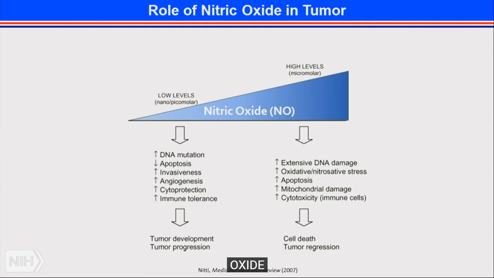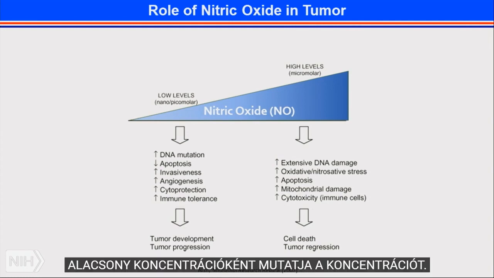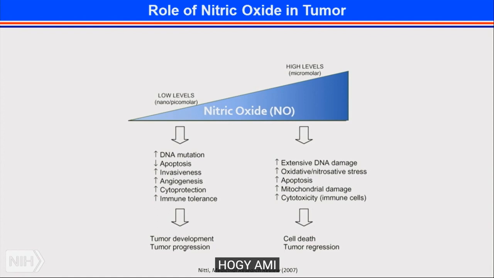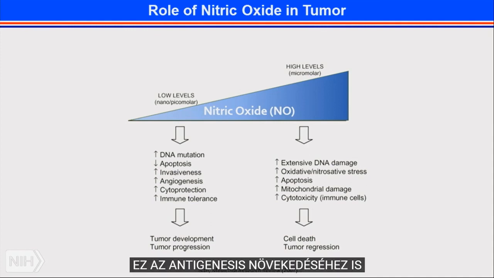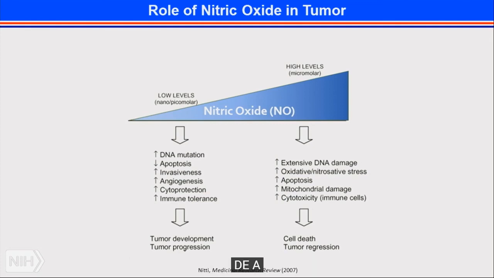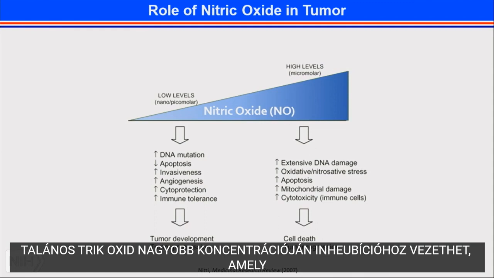At a low concentration, it can lead to deamination, which can lead to mutation in the DNA. It can also lead to increased angiogenesis and invasiveness, and all these processes promote tumor progression. But at a higher concentration of nitric oxide, it leads to apoptosis and inhibition of angiogenesis, which can lead to tumor cell death.